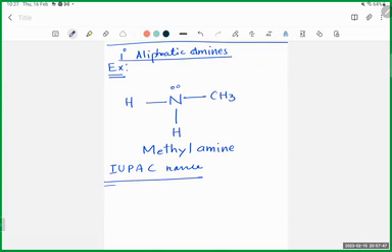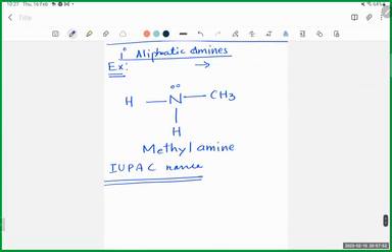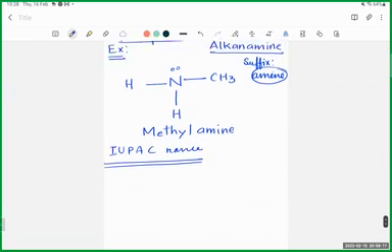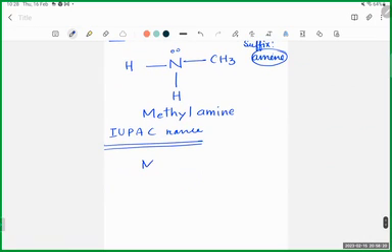Let me talk simultaneously. IUPAC rule: for primary aliphatic amine, the IUPAC rule goes as alkanamine. It means it has a suffix. What is that suffix? AMINE, amine. Right? So it is applicable only for 1 degree aliphatic amines. So we can call it methanamine.